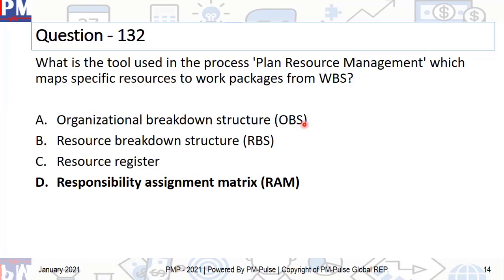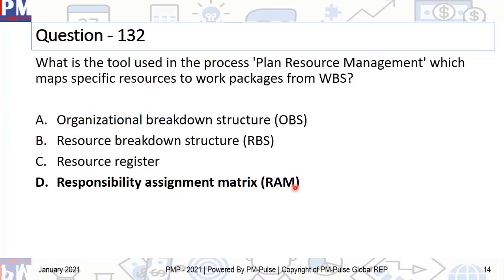Some people think it is OBS, but actually, OBS has something to do with organizational breakdown structure, which kind of organization or which function will do certain things. But here we are talking about plan resource management. So, which are the tools used in the process plan resource management, which map specific resources, not organizations, not whole functions, but specific resources to work packages, and that is RAM, which is responsibility assignment matrix.